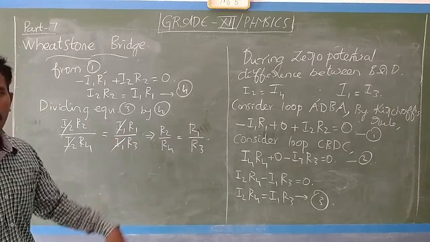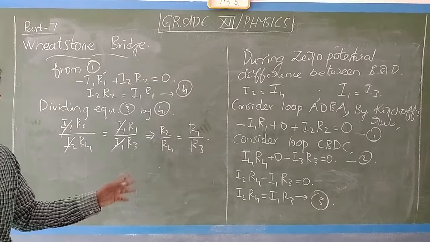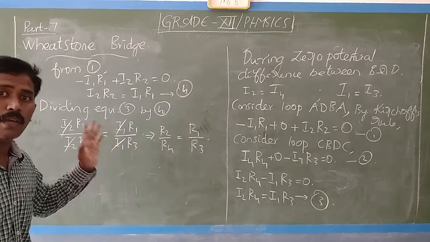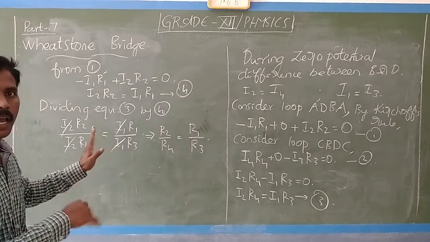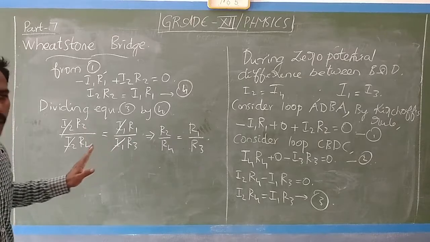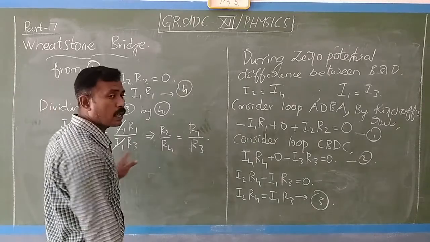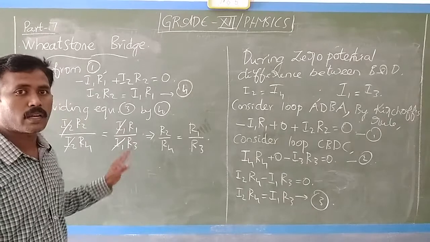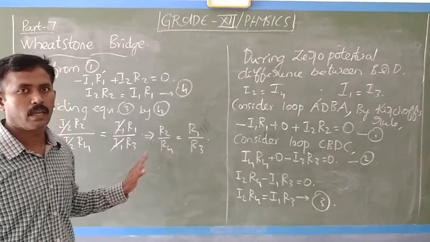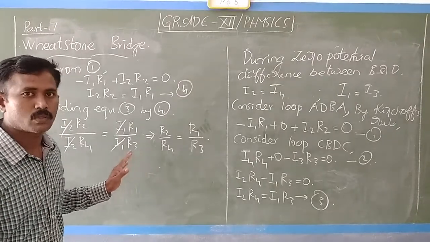I will take R4 to one side and rewrite the equation, so that I have R4 on the left hand side and take the other terms to the right hand side.